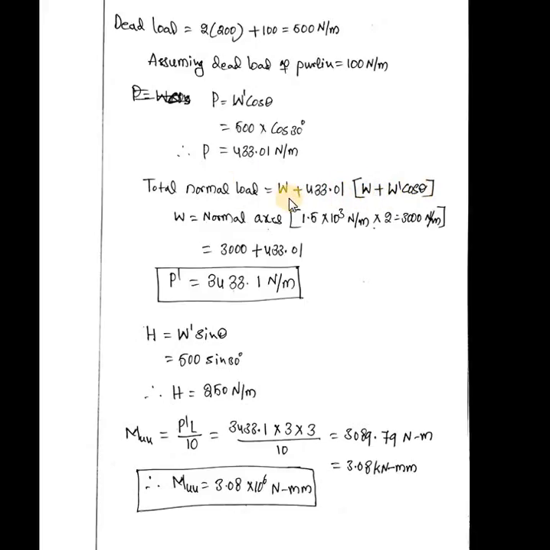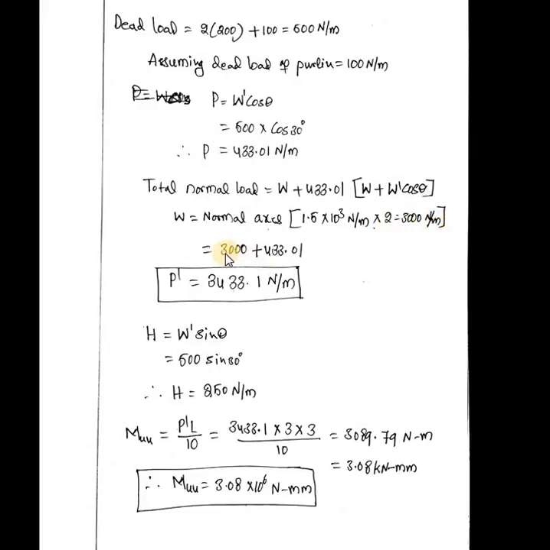What is meant by W? W is the normal axis load, meaning the wind load effect will be there. For that reason 1.5 into 10 power 3 Newton per meter wind load, for 2 meter pitch distance, that is 3000 Newton per meter.